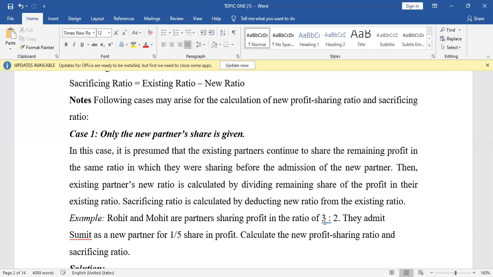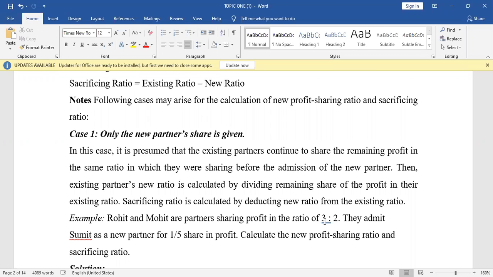So the new ratio for R will be 3/5 times 4/5, and for M it will be 2/5 times 4/5. Which would be 12/25 and 8/25.